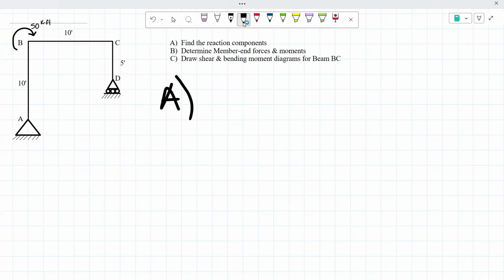So to start off part A, we need to recall that a roller will only have a restriction on the y-axis, which is why we have a y force right here. We'll call that D of y. From there, since A is a pin, we have a y force, we'll call that A sub y, and an x force, and we shall call that A of x.